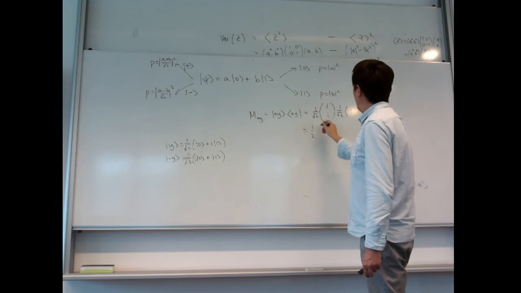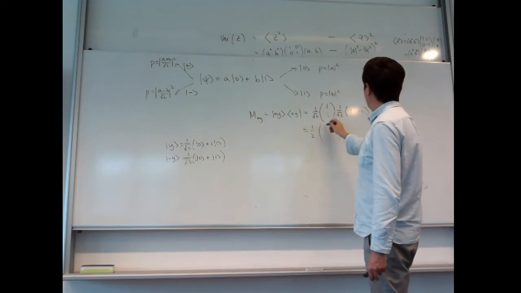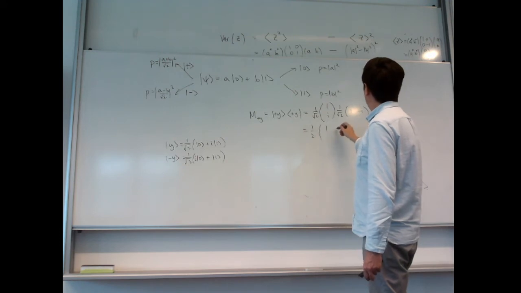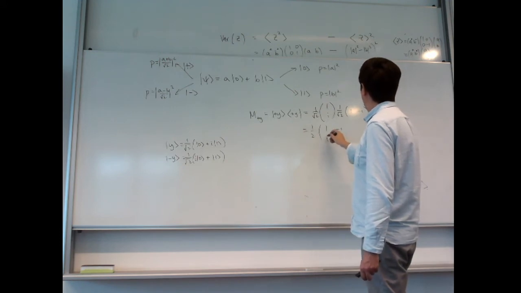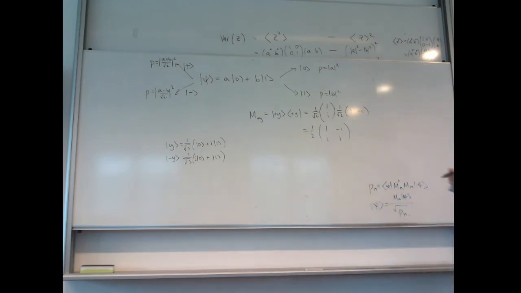So this will be a half, and then you just do the matrix multiplication. That's 1 minus i plus 1. Yeah, no wonder my calculations were wrong. I reversed the order of the two vectors. I put the transpose in front and then. Oh. Right. Yeah.